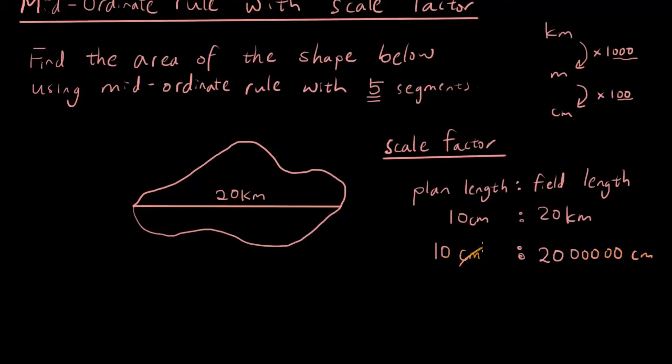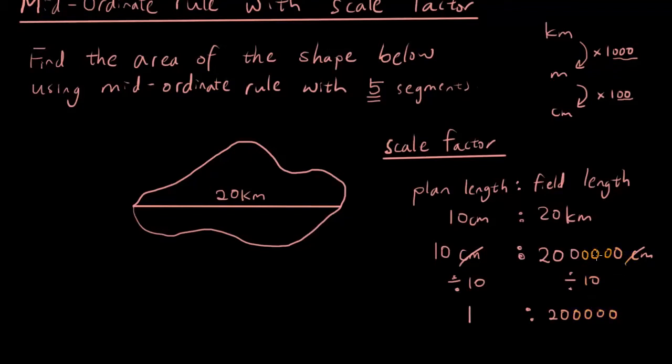And now you don't write the units anymore because they're the same units. So then what we do is we're going to divide both sides by the same number so that the left hand side becomes 1. So 10 divided by 10 is 1, and the right hand side divided by 10, well, you just cross off another 0, so it's 2, 0, 1, 2, 3, 4, 5 zeros.